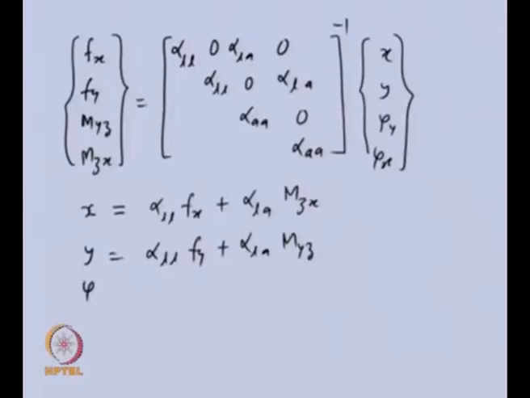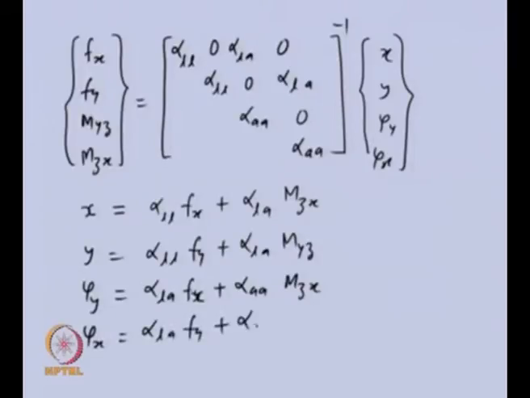Similarly, for the other two angles, let us say phi y, we have alpha linear angular fx plus alpha angular m zx, and the last one alpha angular linear fy plus alpha angular yz.